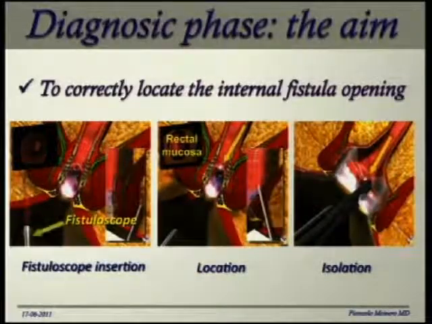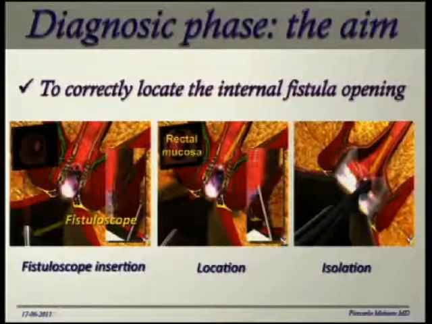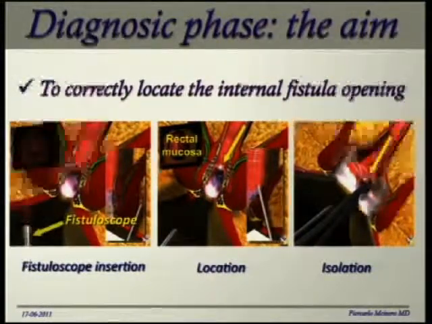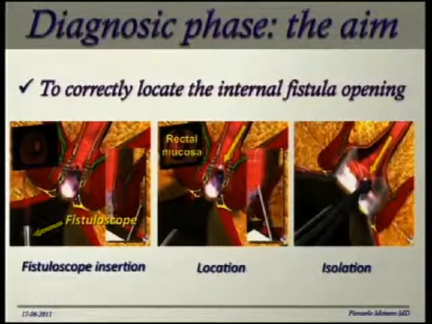As regards the diagnostic phase, its purpose is to correctly locate the internal fistula opening. We insert the fistula scope through the external opening with the glycerin mannitol solution already running. So the fistula pathway clearly appears on the screen, but sometimes the external opening is surrounded by very tough scar tissue, so we often have to remove this in order to allow an easy entry for the fistula scope.